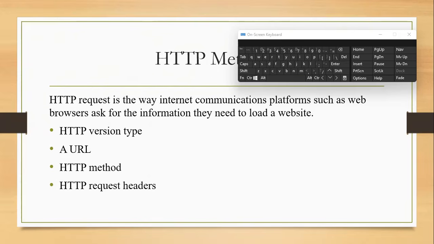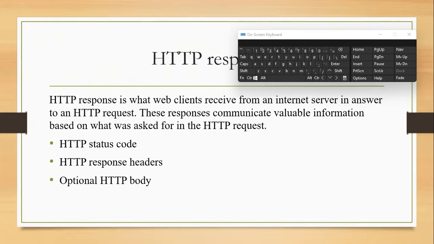So we have the HTTP response. The HTTP response is what a web client receives from an internet server in answer to the HTTP request. This response communicates valuable information based on what was asked for in the HTTP request.